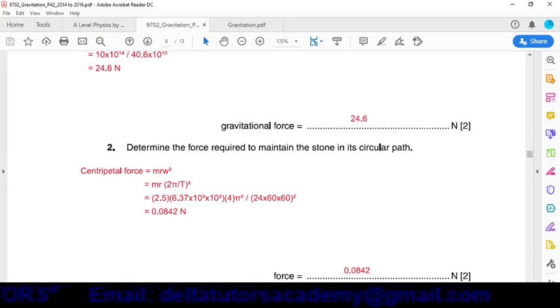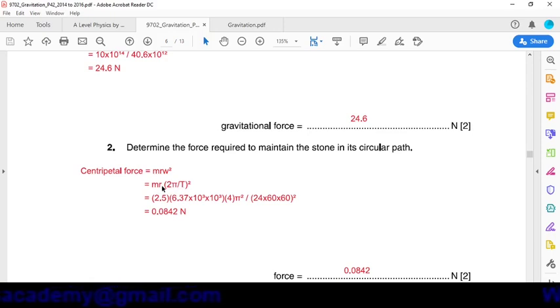It is in a circular path because of centripetal force, and centripetal force is given as m r omega square, where m is the mass of the stone, r is the separation between the stone and the center of the Earth, and omega is the angular velocity of the stone. Angular velocity is equal to 2 pi over T, where T is the time period of the stone.